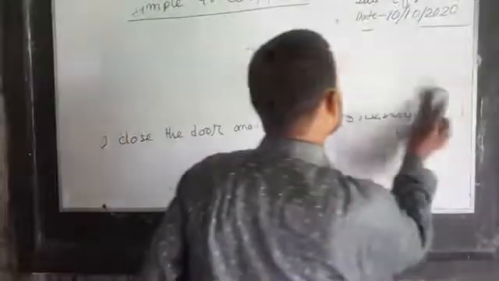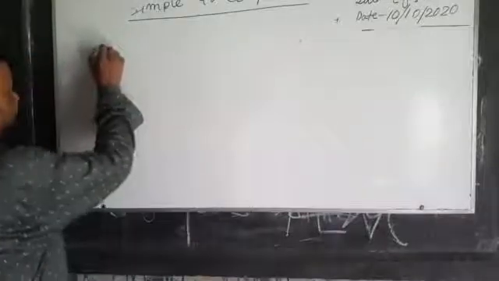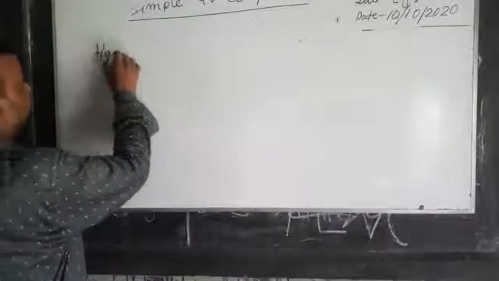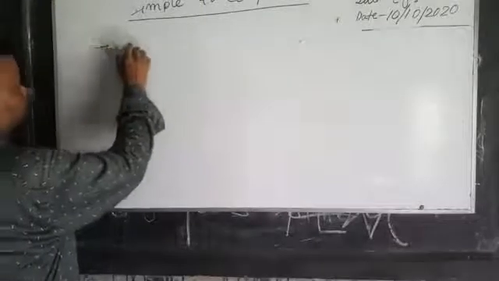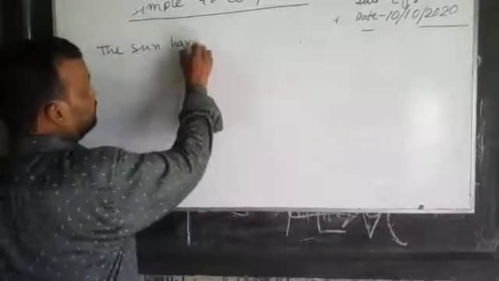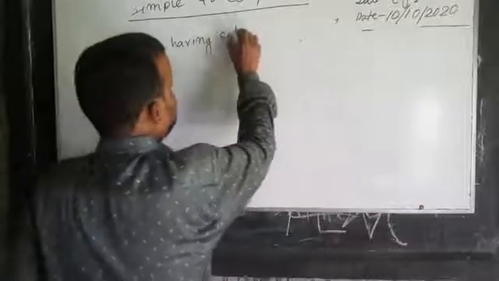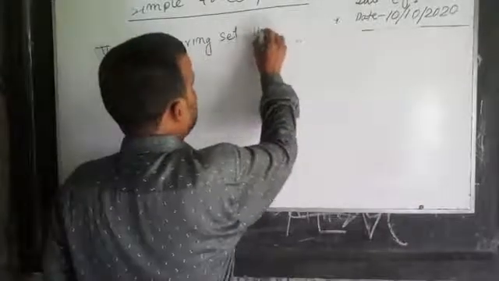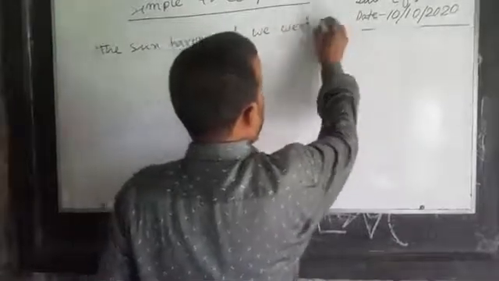Sometimes we see some sentences and we can't understand what type of sentence it is, how we can change it. Having said, we went home.